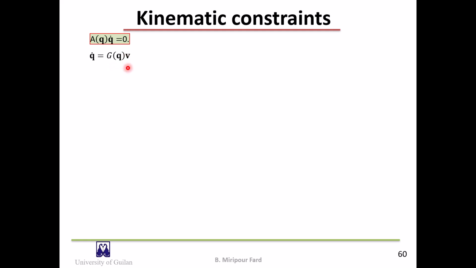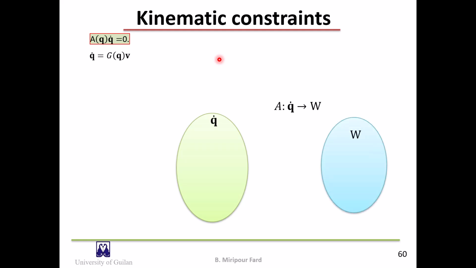Suppose V denotes the system input, that are velocities or actions. In the kinematics, we are seeking G that relates the actions and the rate of pose changes. If we look at A as a mapping from the vector space of the q dot set to the W set, the kernel of matrix A or its null space will be a subset of q dot sets that is mapped to 0.